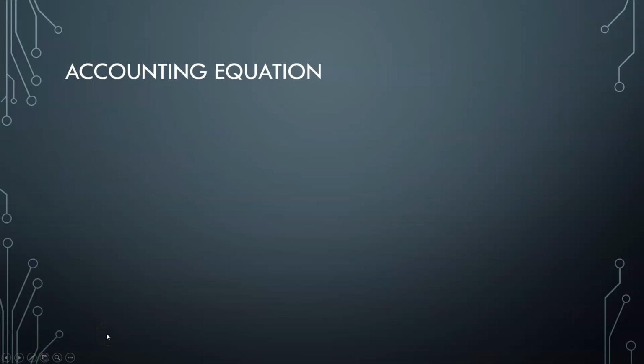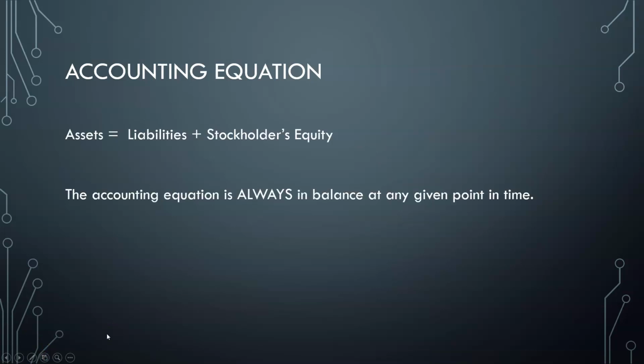The accounting equation is always, always, always in balance at any given point in time. What I mean by that is, let's freeze time at 10 o'clock. At 10 o'clock, if you look at a company, the dollar amount of assets equals the dollar amount of liabilities plus the dollar amount of stockholders' equity. Unfreeze time, and let's look at 11 o'clock.